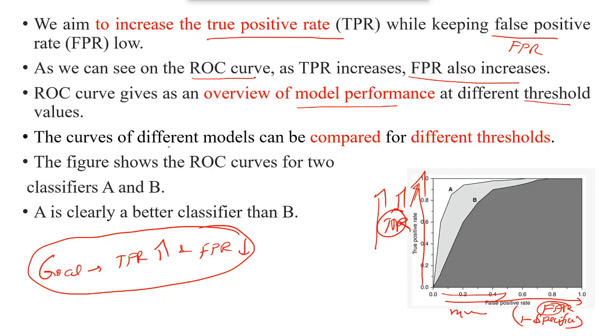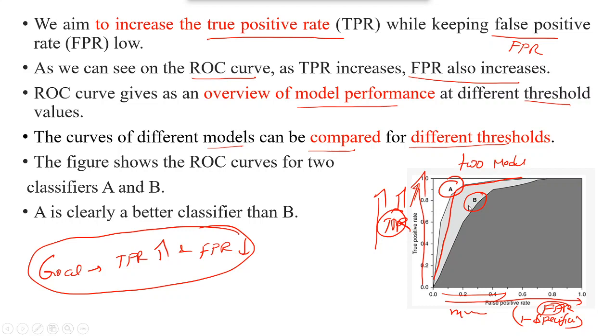So ROC curves of different models can be compared for different thresholds. Suppose you see in this graph, this is one model, A, and B is another model. So they are the two models. If you apply model A on the same data, this is the curve, and B is the other model.